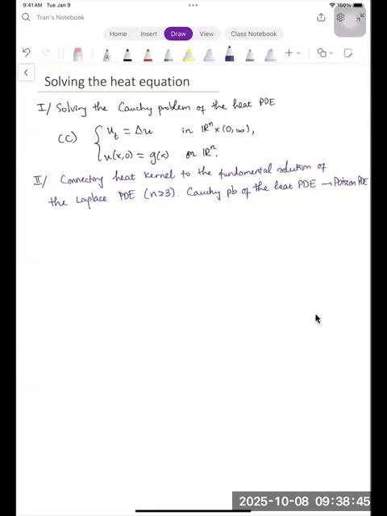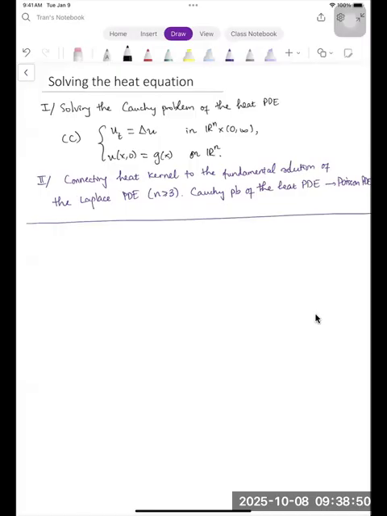Okay, so let's start. I want first to have a quick review on the fundamental solution of the heat equation.